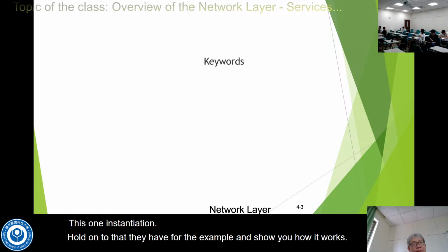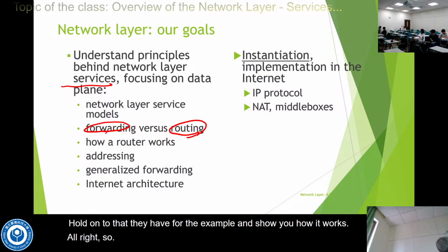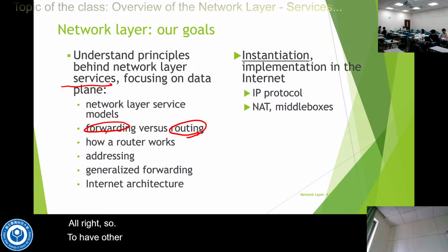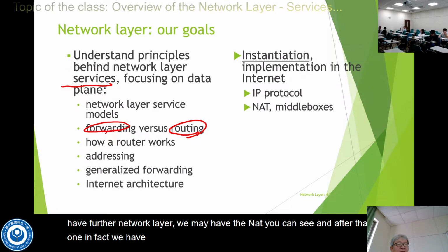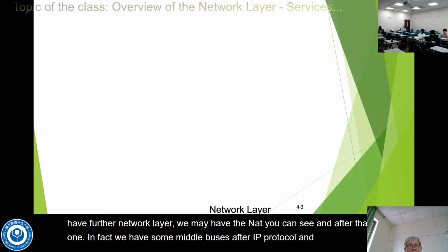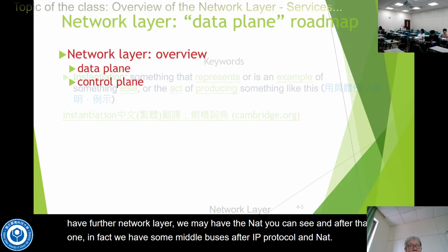So for the instantiation, we will have the IP protocol, and of course, in the network layer we may have NAT, you can see. And after that, in fact, we have some middleboxes after the IP protocol and NAT.